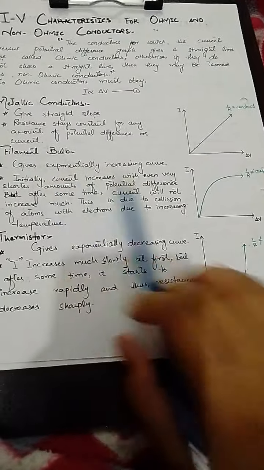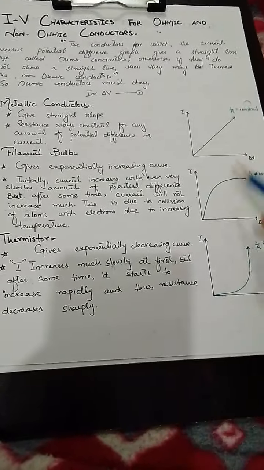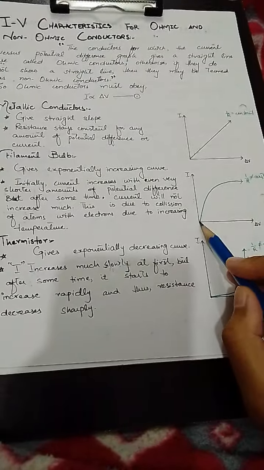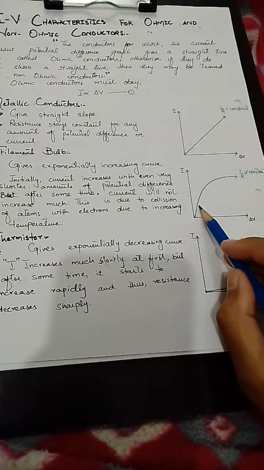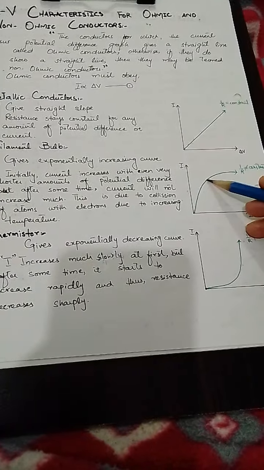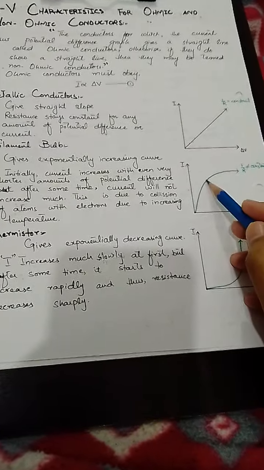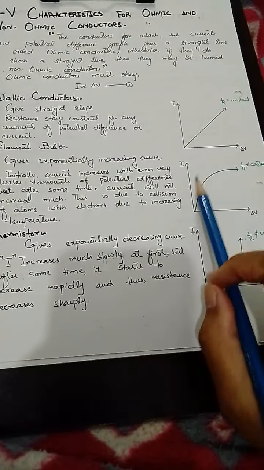So for the filament, it gives us the exponentially increasing graph, because at the start, if we increase the potential by a little bit, a huge current would be produced.